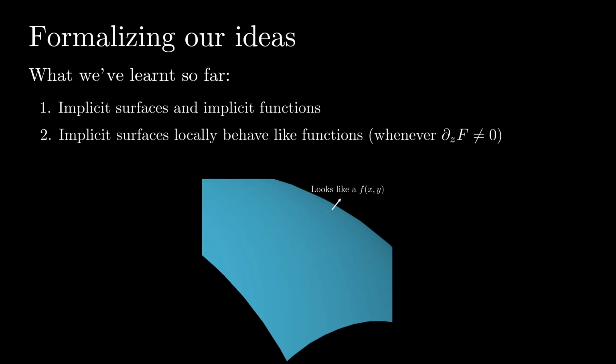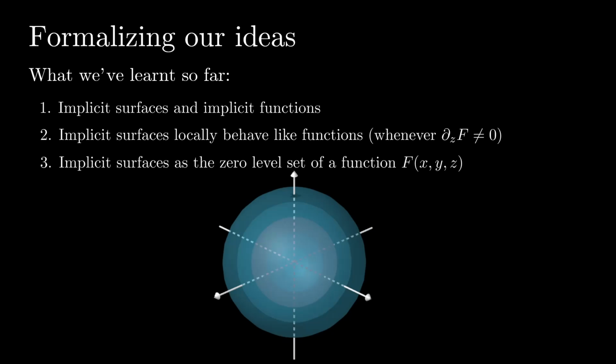Secondly, we have seen that implicit surfaces locally behave like functions, whenever the partial derivative of big F with respect to z is different from 0. And with the term locally, I simply mean that when we zoom in enough, it behaves like a function. And finally, we learned how to interpret implicit surfaces as the zero level set of a function of 3 variables, like this one.